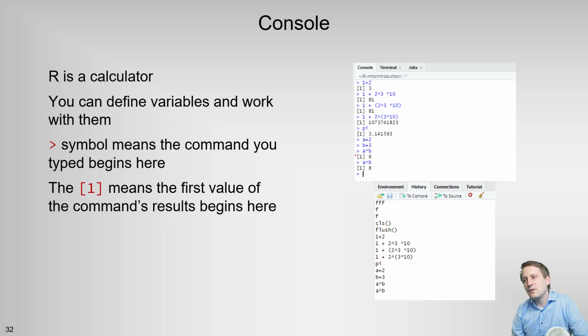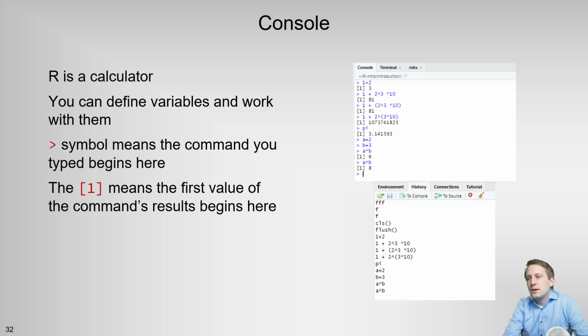So fundamentally, everything's represented as a vector within R. If you have a scalar, a single number, that's a vector of length 1. So when you see the 1 in brackets, it basically says, after this you see the first element of this vector. And in fact there's just one single element because it's really just representing a scalar, a single value.